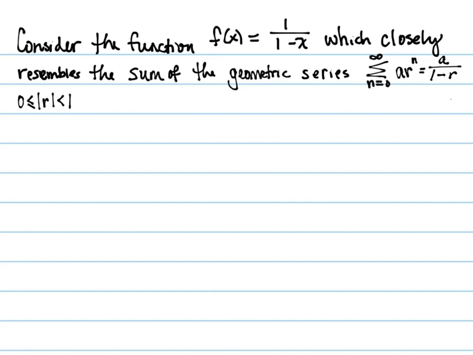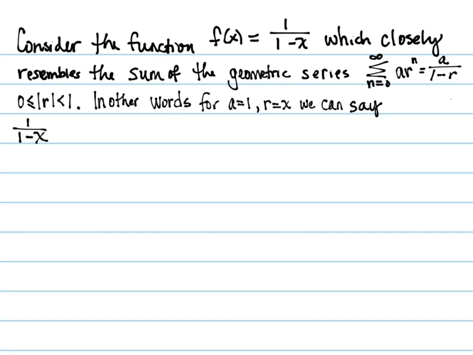For a equal 1 and r equal x, we can say that 1 over 1 minus x equals the summation from n equals 0 to infinity of a times r to the n.